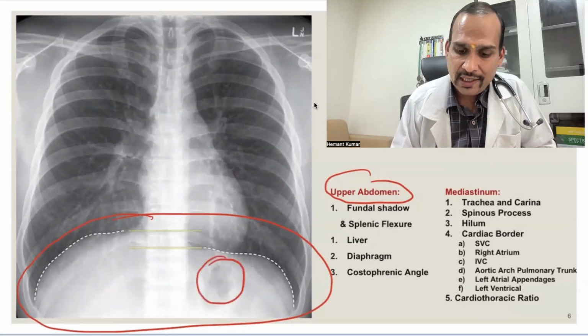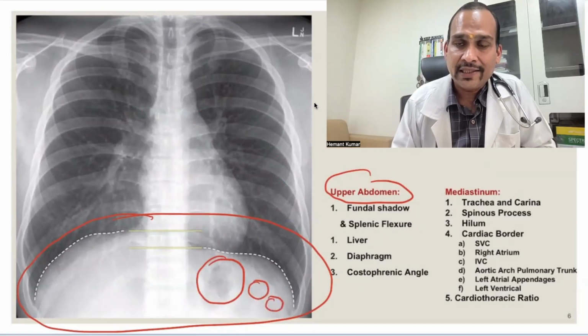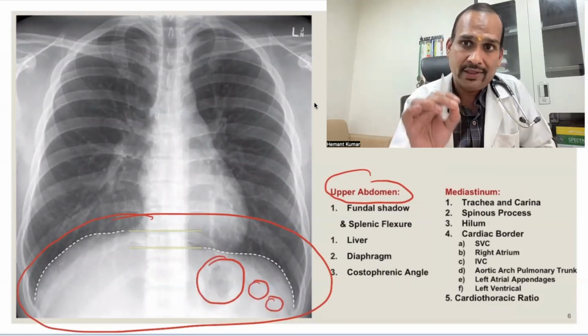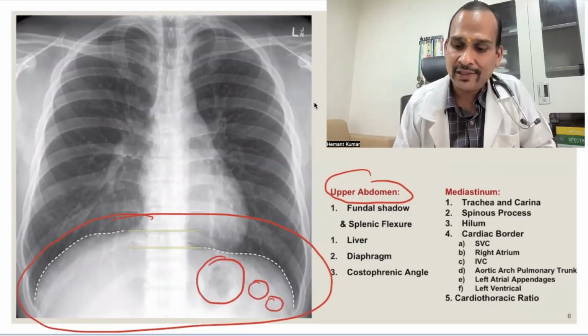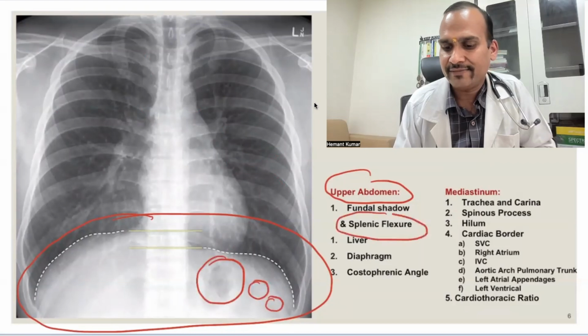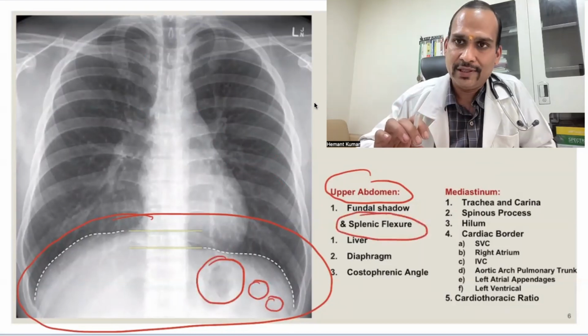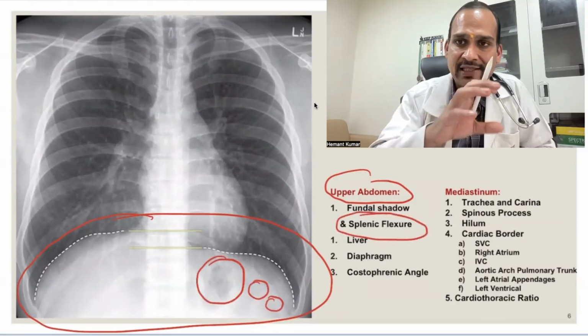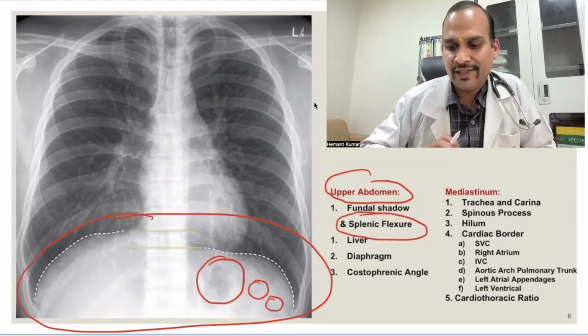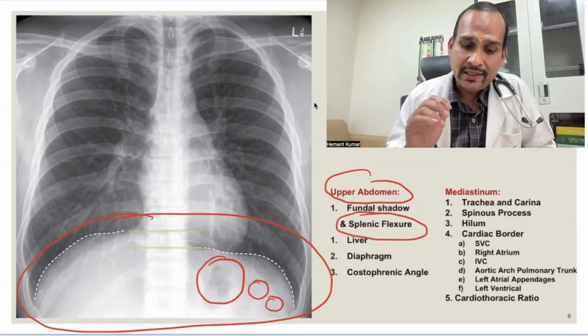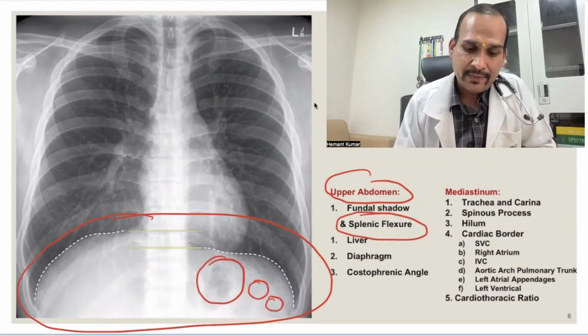Sometimes you can see another black shadow also. What is that? That is the colon, large intestine, called the splenic flexure of the large colon. That will also cause cystic-looking lesions, meaning black spots. Then on the right side below the diaphragm, you can have the liver.